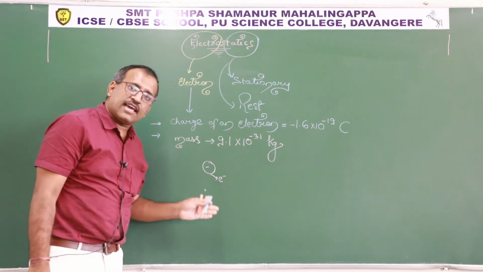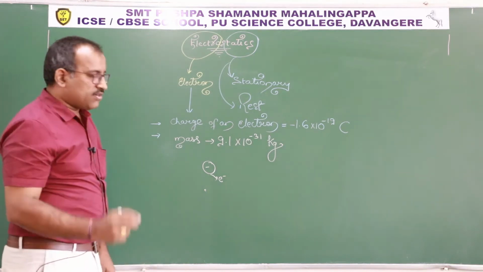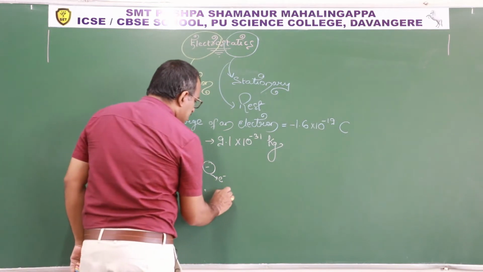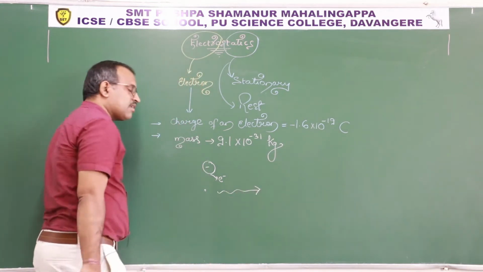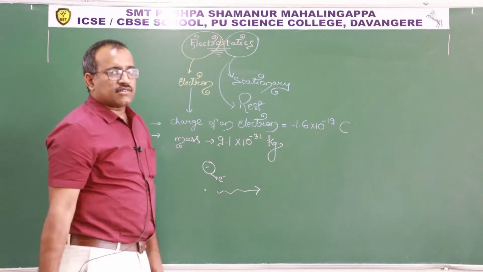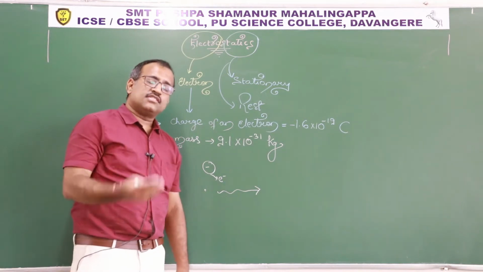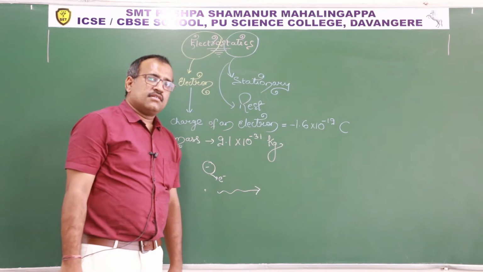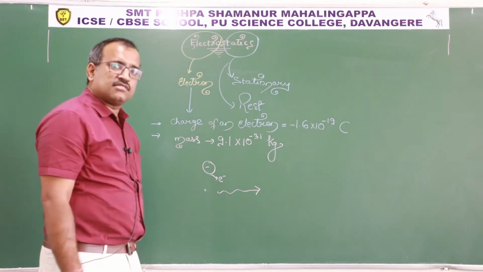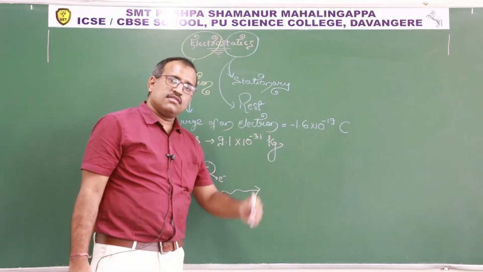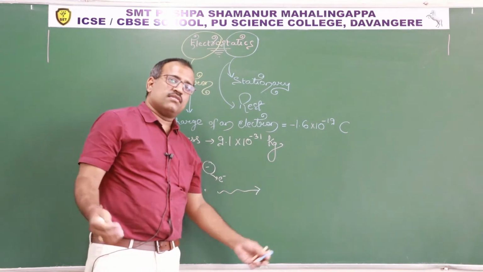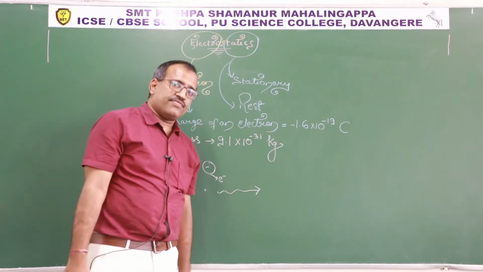If the electron is in motion, that is nothing but flow, that is nothing but current.